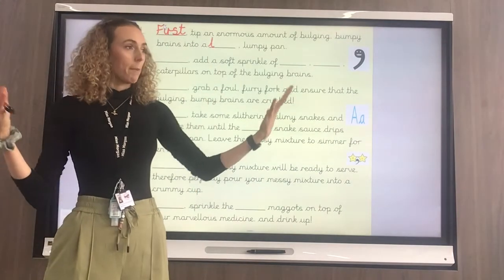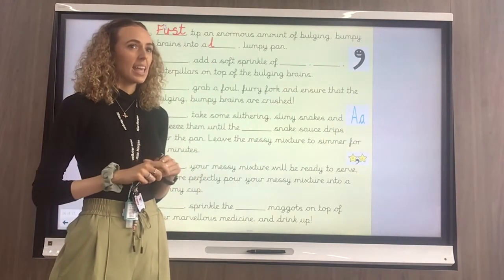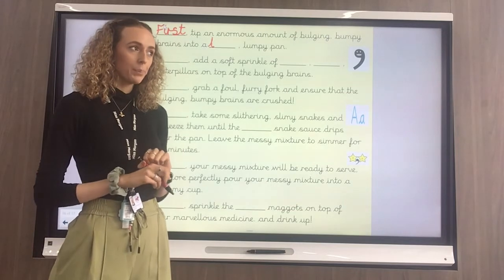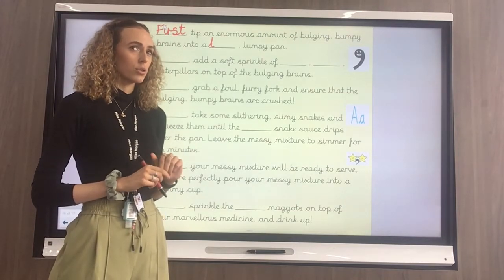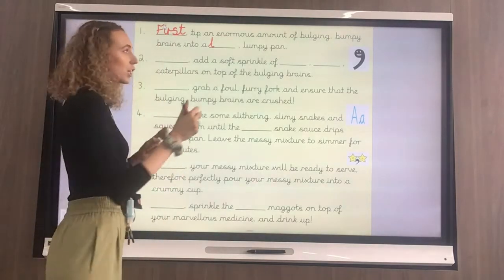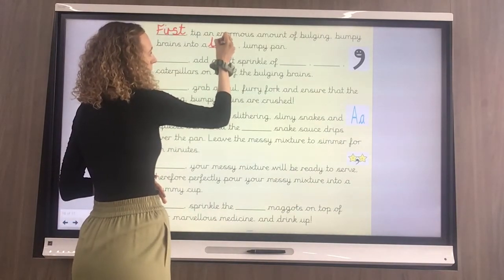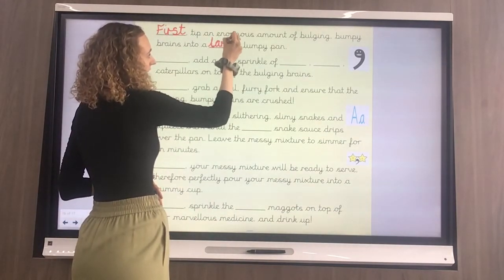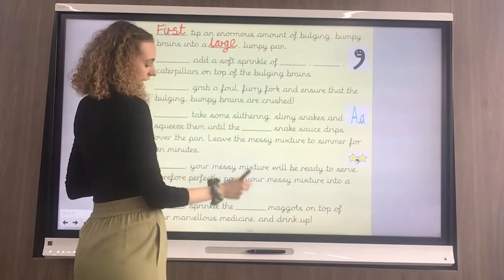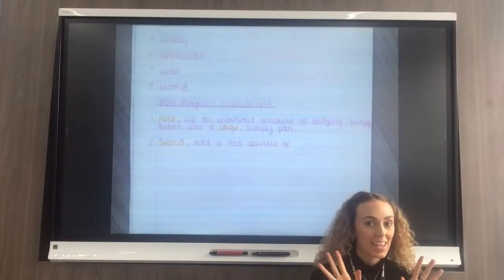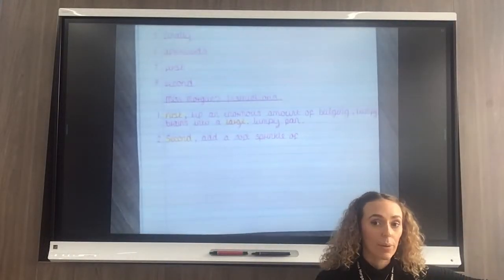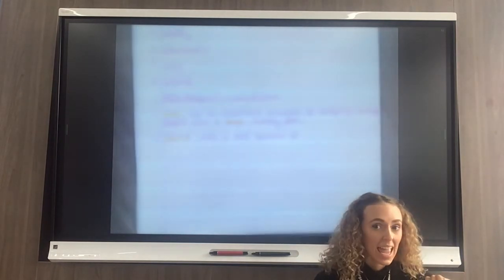A large lumpy pan. Okay. A lame lumpy pan. What else could I use? Have a good think, but I'm going to use a large lumpy pan because I need to fit all of my ingredients in there.